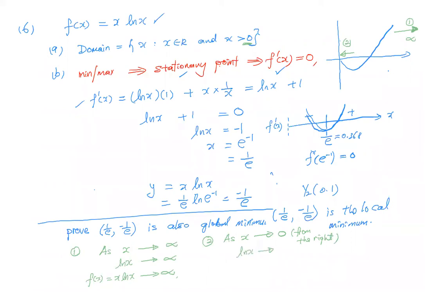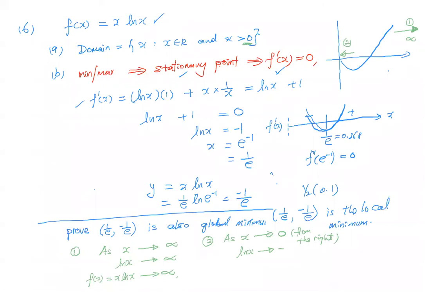Can you please just get into your calculator? You put ln of a very small number, 0.001. What do you get? Negative. Negative infinity, correct?